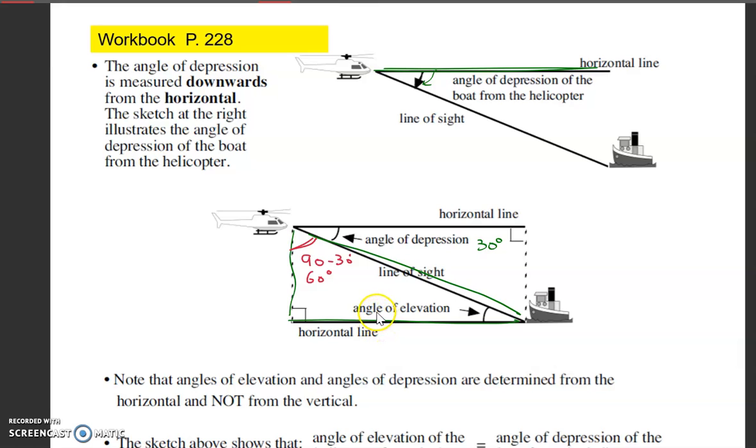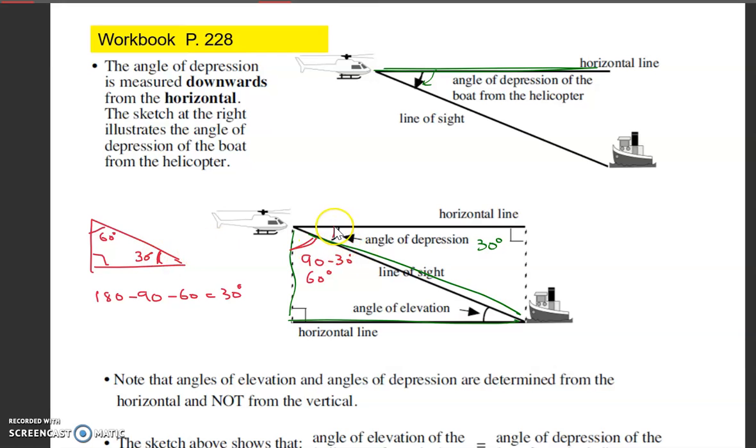Now, in a triangle, we just found out that this angle is 60. This is 90. Then this is also going to be 30, because they have to add up to 180. So 180 minus 90 minus 60 is 30 degrees.